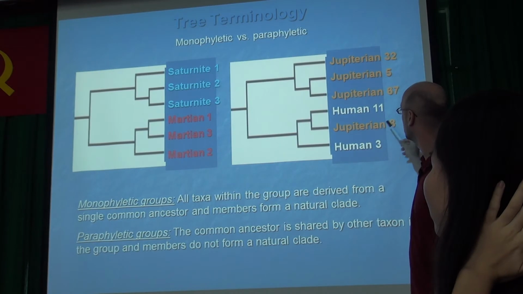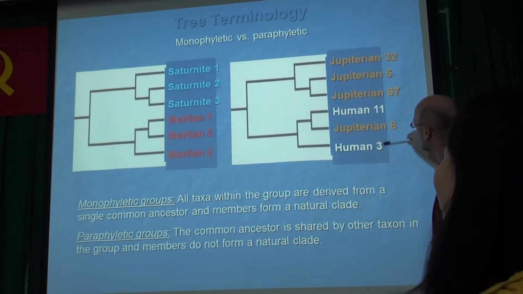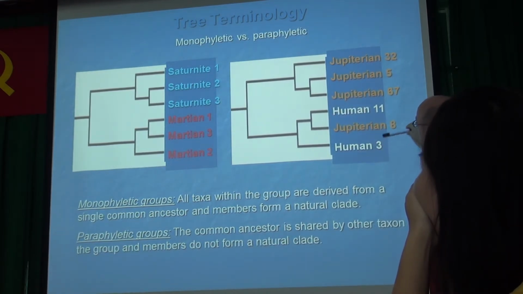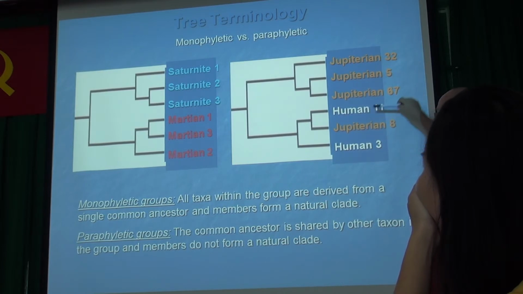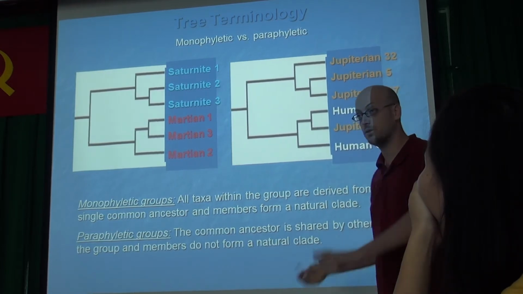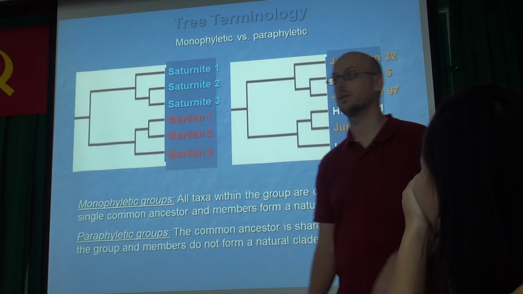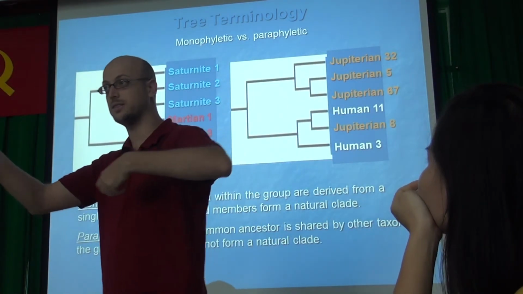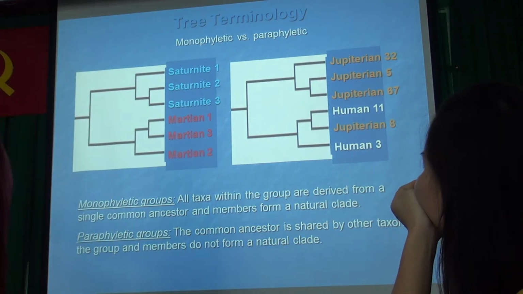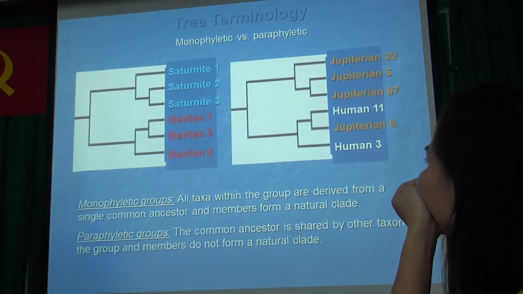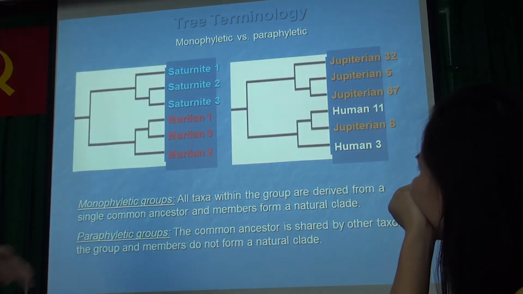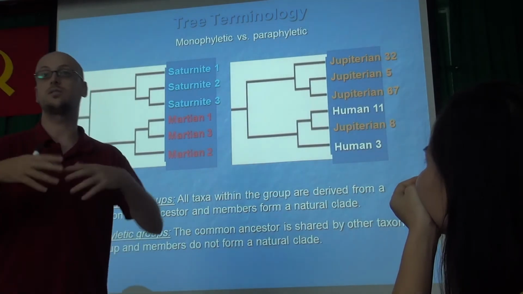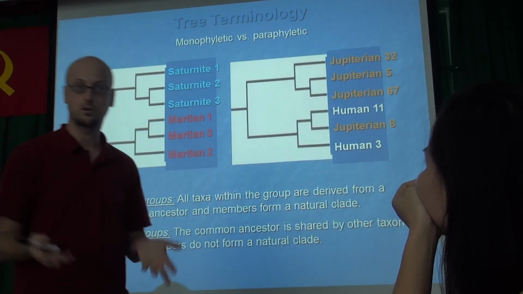But in this group, some of them came from this place, some of them came from another place. It's like the United States, where everybody came from different places. Some people in the United States came from Europe, some came from Asia, some came from Australia, some came from Africa. So it's a paraphyletic group.